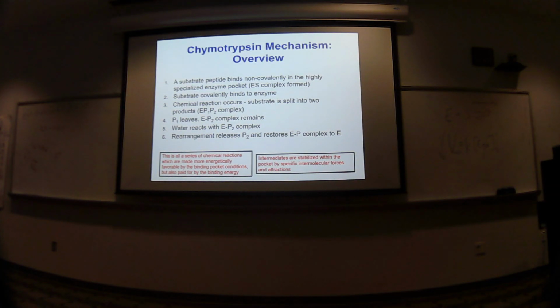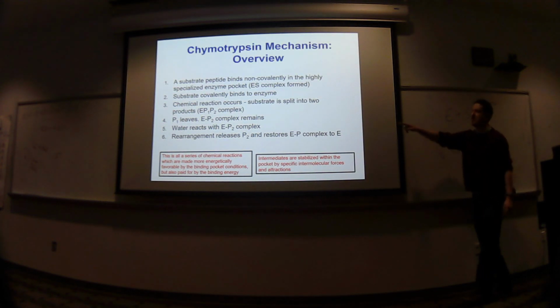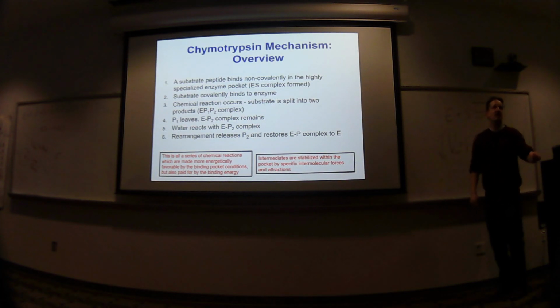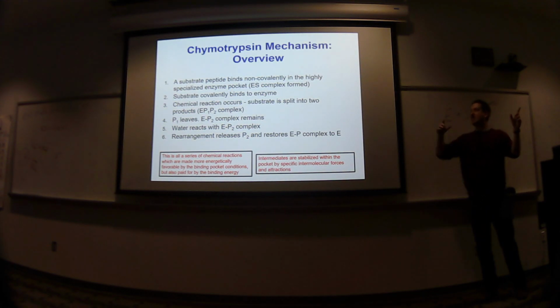This is a multi-substrate enzyme. I think this is a question on the homework actually, and the homework says, look at this slide to get help with this. It says, what is the order of chymotrypsin working? Enzyme plus substrate to make enzyme products, product 1 leaves, product 2 leaves.